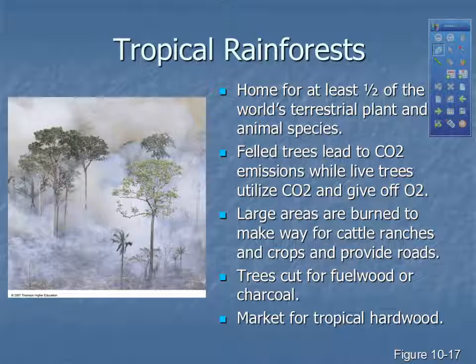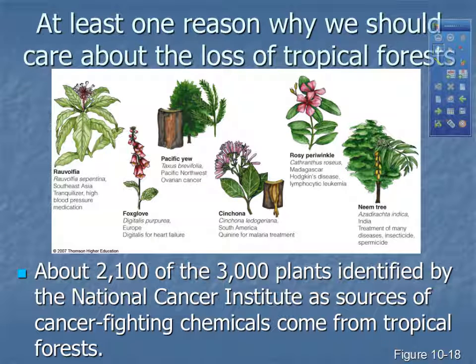In developing countries, they're also cutting down trees to make way for cattle ranches and crops, and to provide roads. So at times they're not even cutting them down, they're just burning them. There's a huge market right now for tropical hardwood. It's a very expensive wood at the moment. It's very highly sought after, very prized. And so that is leading to an increase in deforestation.